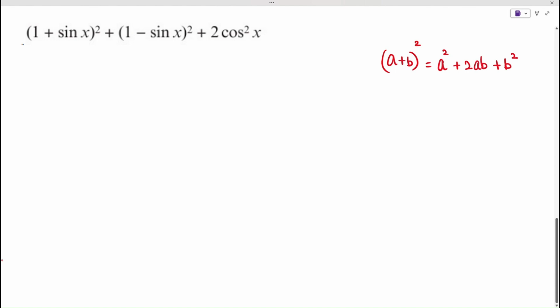So we get 1 squared plus 2 times 1 times sine x plus sine x squared.